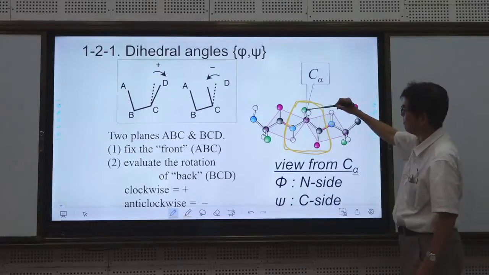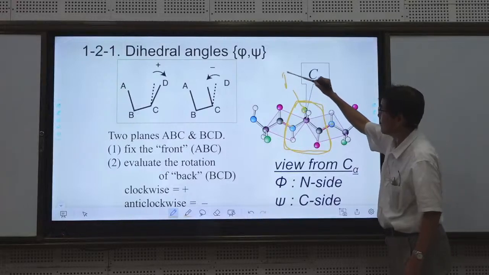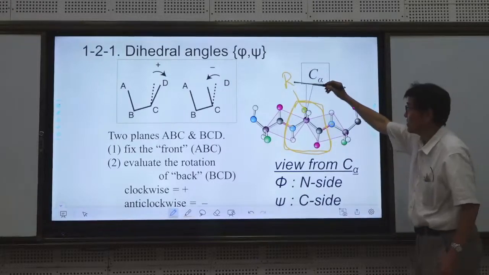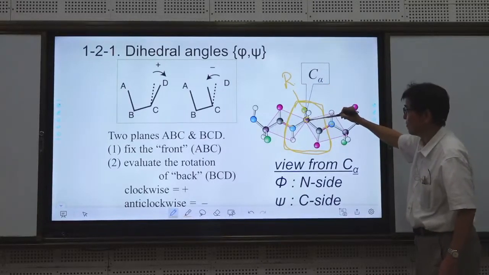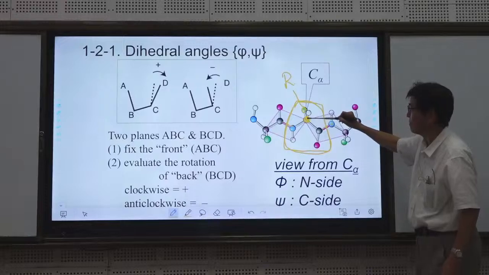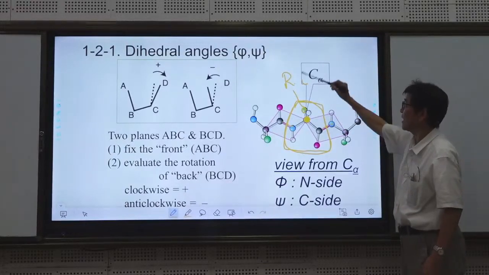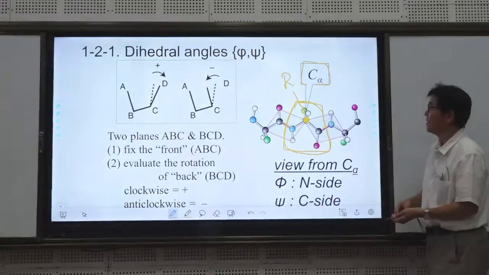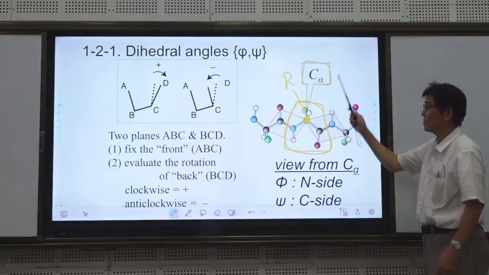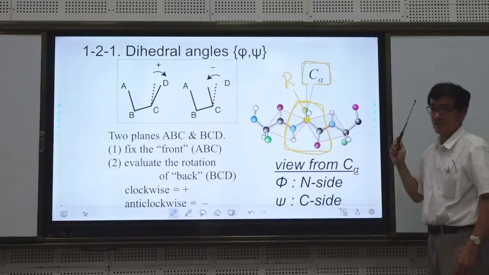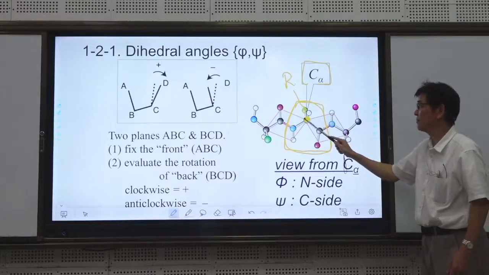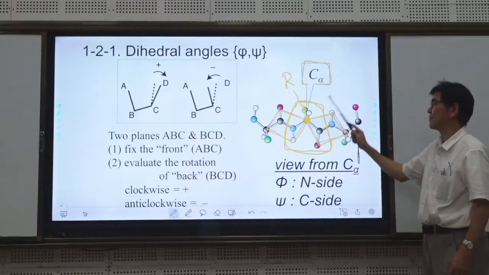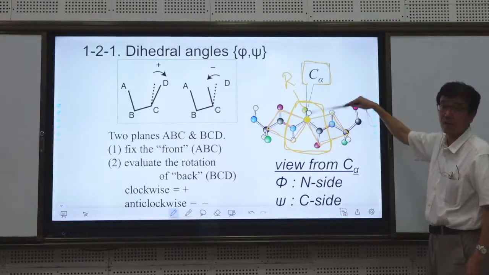Then we know this is R, alkyl side chain. And alkyl side chain is bound to carbon. This carbon is called C alpha. Okay? And from this consideration, we can set two planes that flank C alpha.